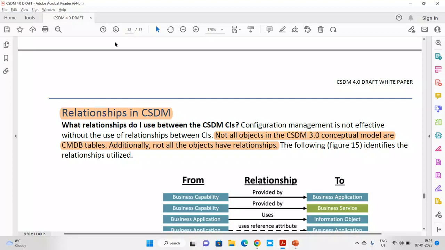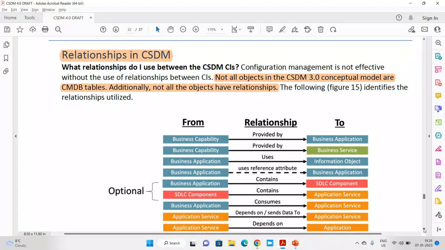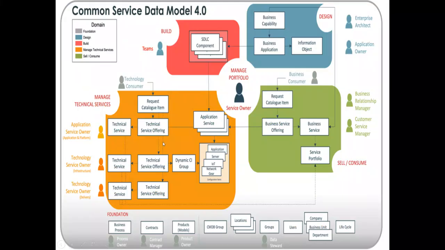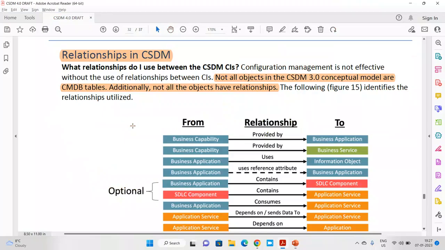In the same manner, in the CSDM, these relationships are given by ServiceNow. Because if there is no relationship between these two, then how are you going to get the exact benefit of the CSDM? So this is what we are going to see in this particular area.